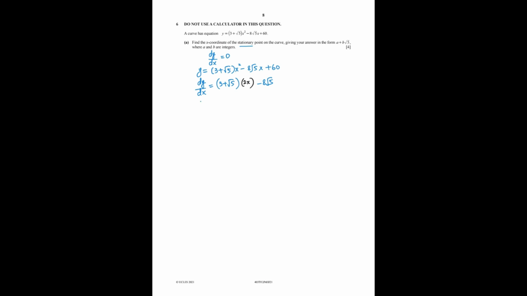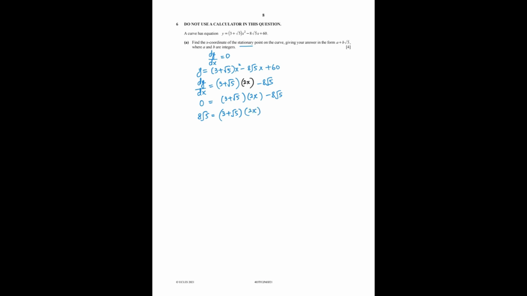Now dy by dx is basically equal to 0, so 0 equals (3 + √5) times 2x minus 8√5. We can shift 8√5 to the left side, it will be 8√5 equals (3 + √5) into 2x, right?